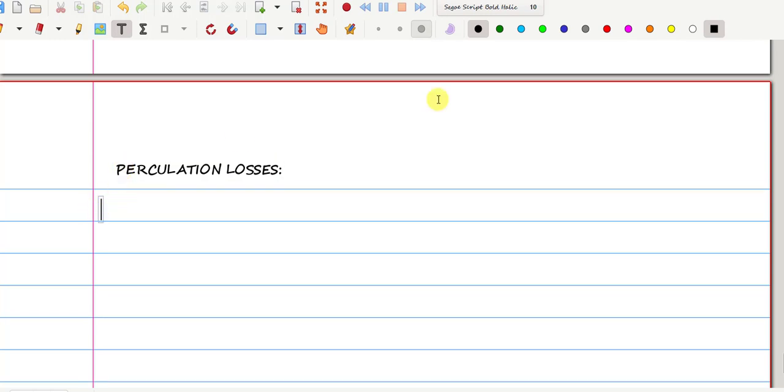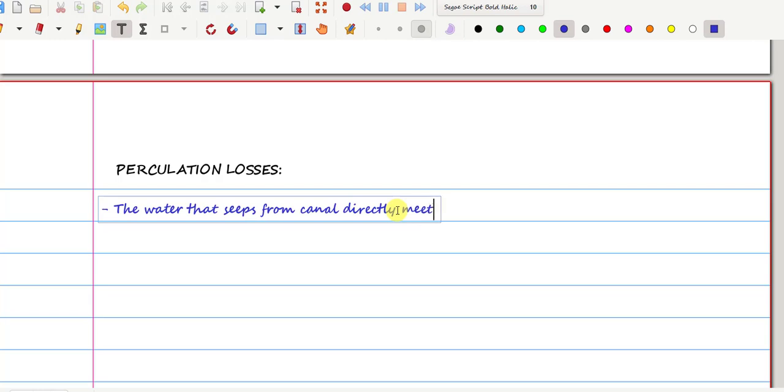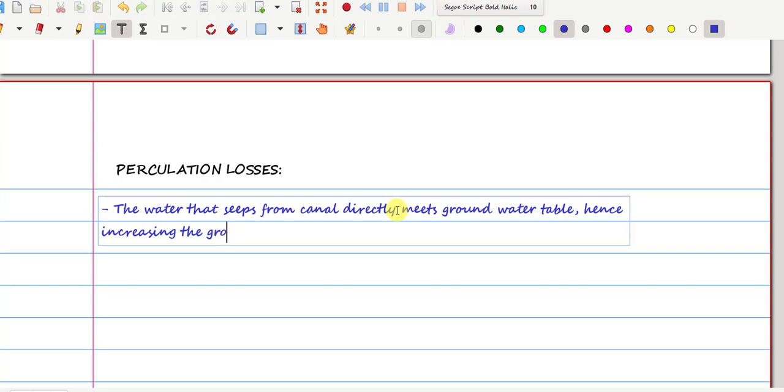For percolation losses, we can say that the water that seeps from the canal directly meets the groundwater table, as we have discussed, hence increasing the ground reservoir.